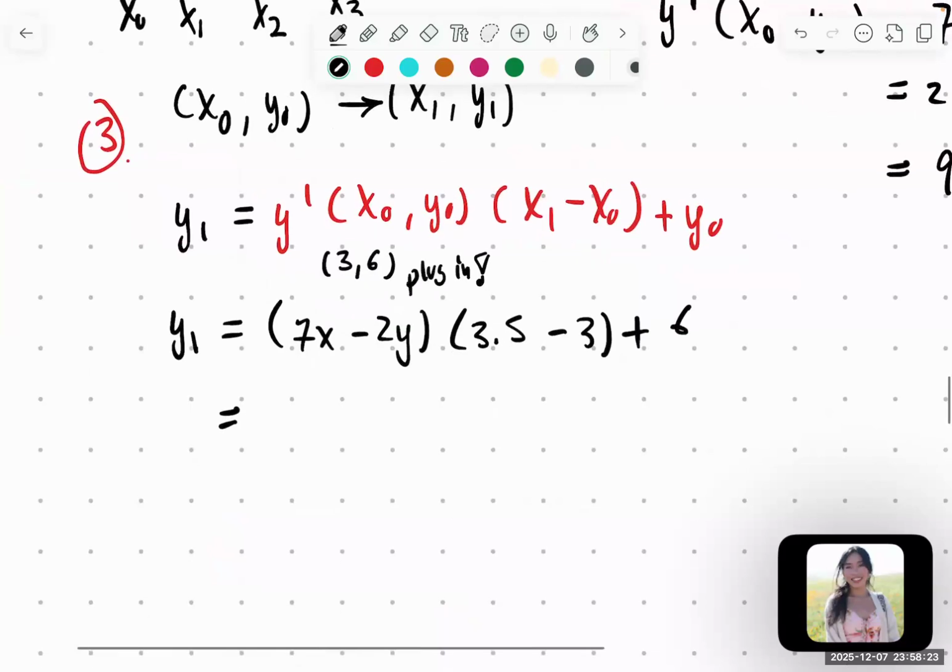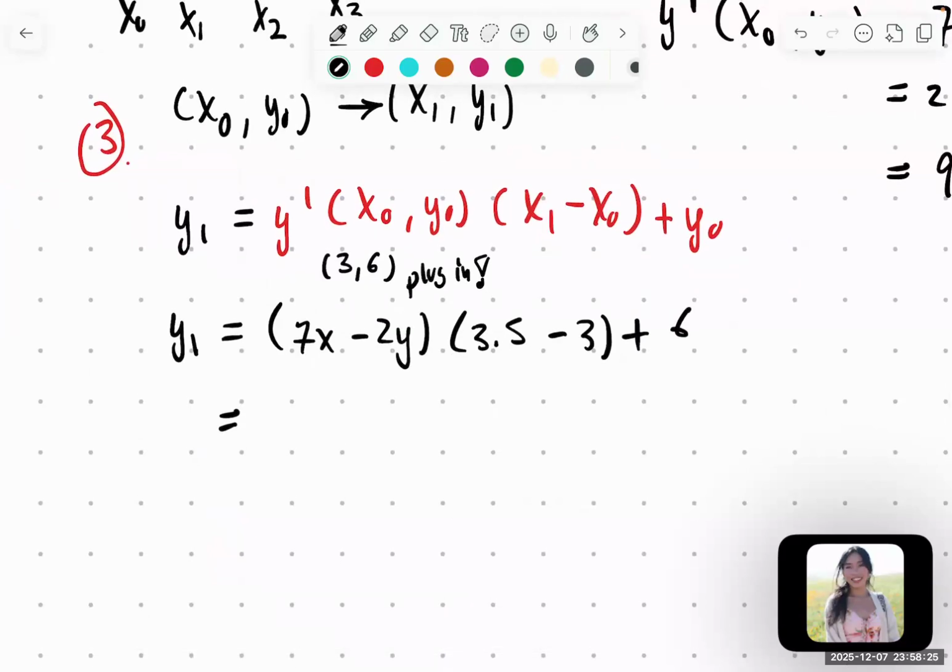Okay, so we already figured out that it is 9, but I guess we'll just write it. And then you're going to go, so 3.5 minus 3 is just going to be 0.5 plus 6.